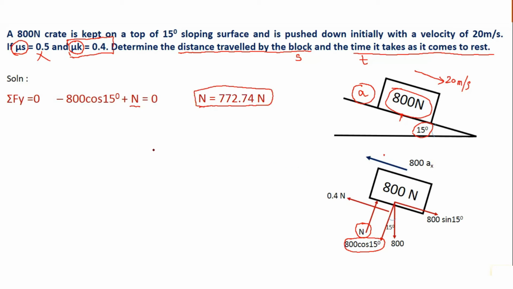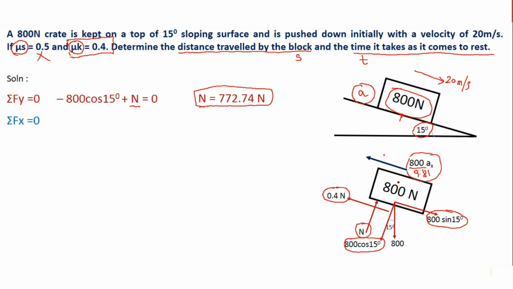Now let us apply the other condition, that is summation of Fx equal to 0, wherein this force will come going towards the left side, this force going towards the right side 800 sin 15, and the last force is this one, 800 divided by 9.81 ax, because it is m into a force.